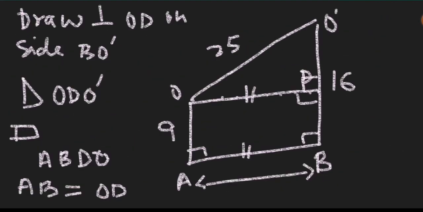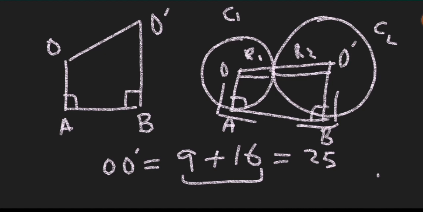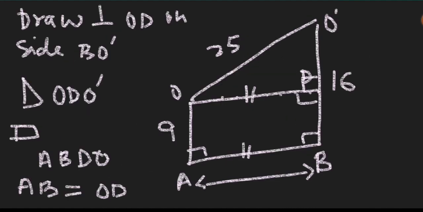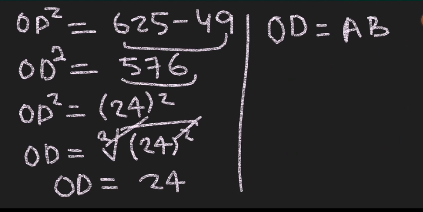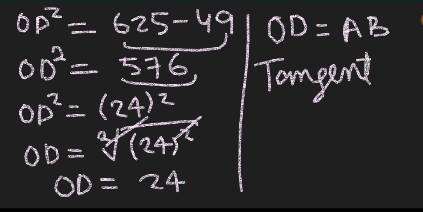Here you can see this OD is the opposite side of AB of the rectangle OABD, and opposite sides of the rectangle are always equal. That's why I mentioned here OD is equal to AB, and the length of the common tangent is equal to 24 units.